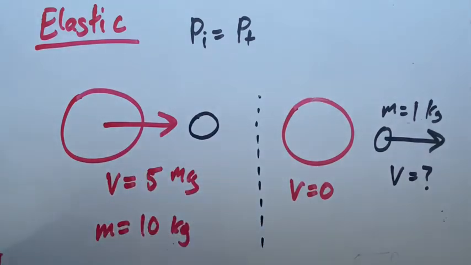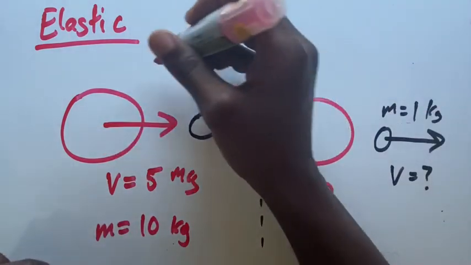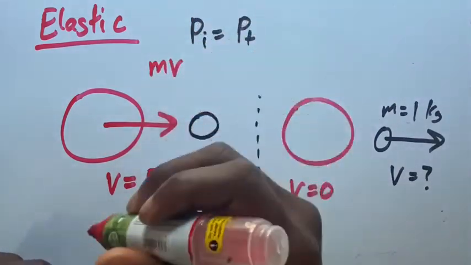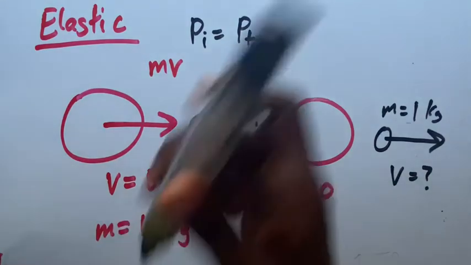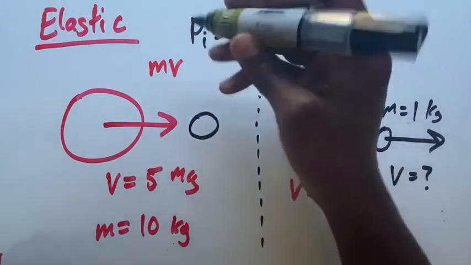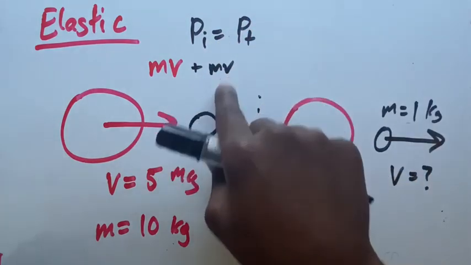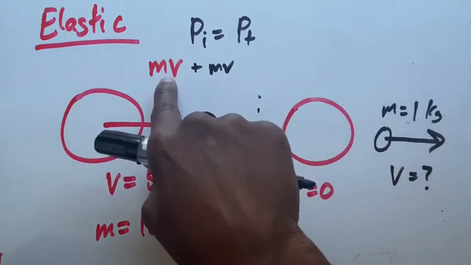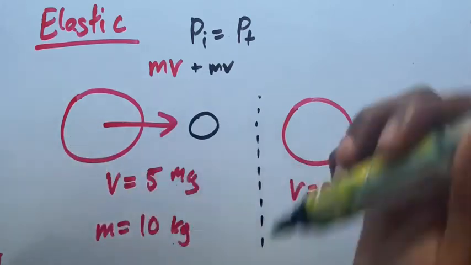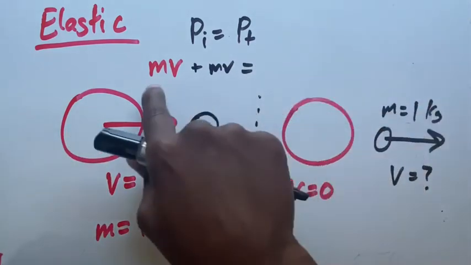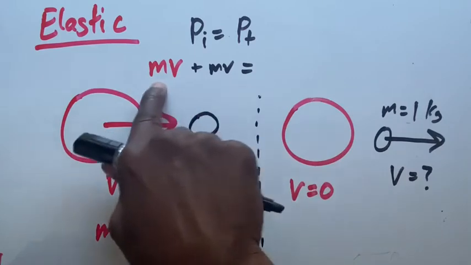And so we're going to have basically mass times velocity, plus mass times velocity. Let's say this black one is for the black ball. This red is for this big red ball. So all this is the initial momentum.